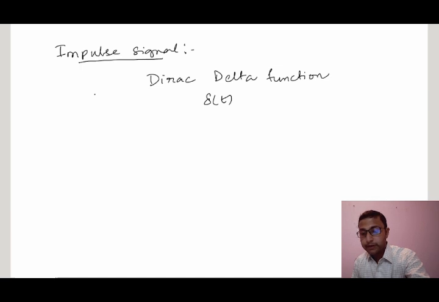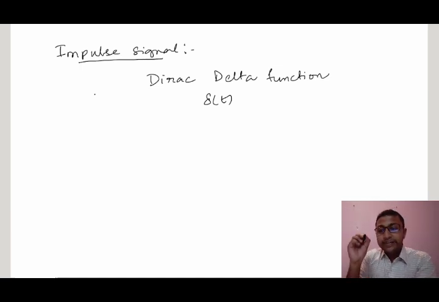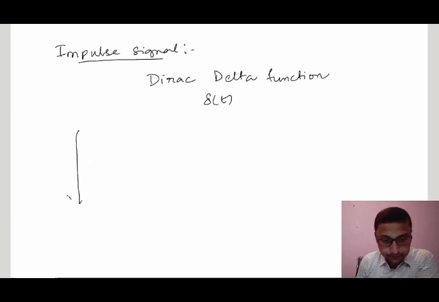So if I put the graph, before that, consider the gate function. Suppose this is the time axis, this is the gate function.